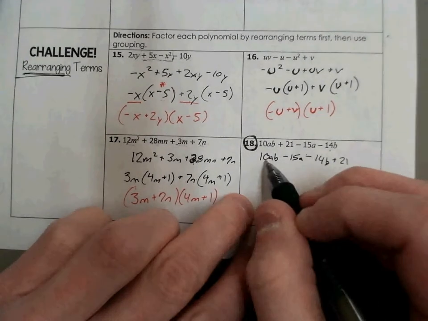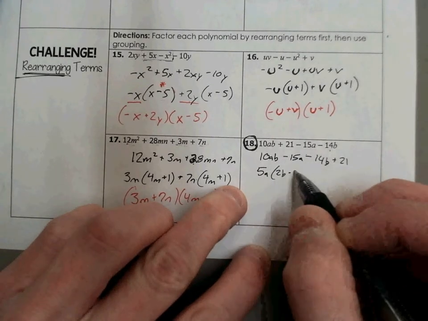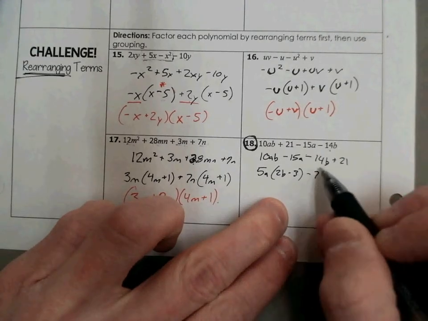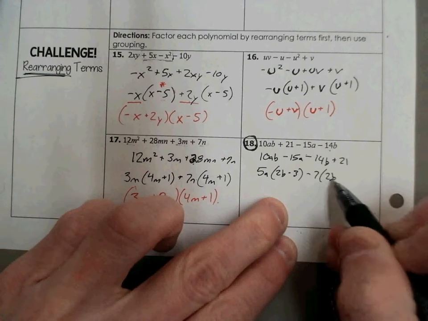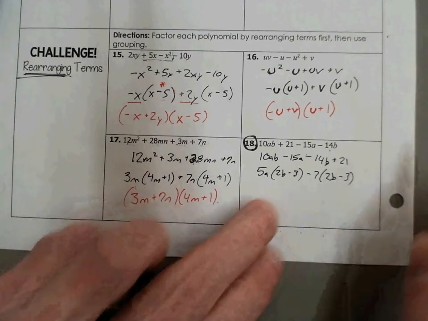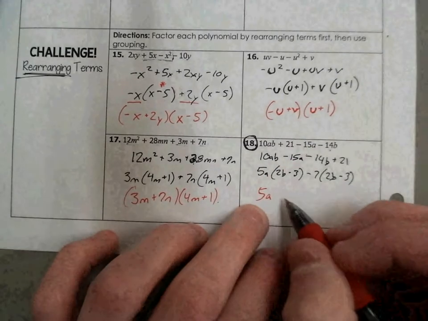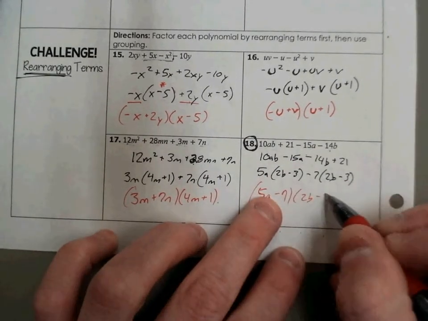So here we can take out 5a. That leaves us with 2b minus 3. And then right here we can take out negative 7. And that leaves us with, again, 2b minus 3. So if you tried that one and you got 5a minus 7, you're actually not doing as bad as you thought.